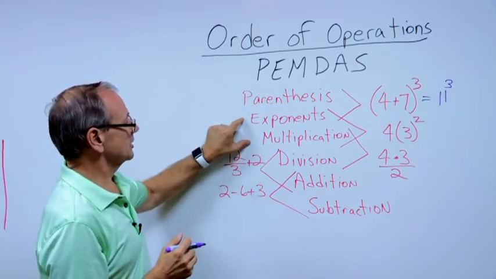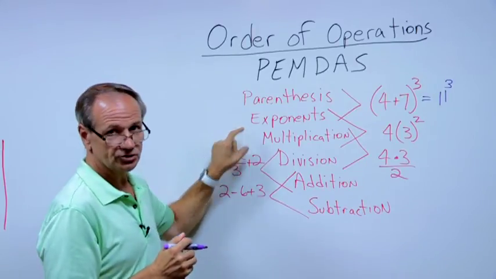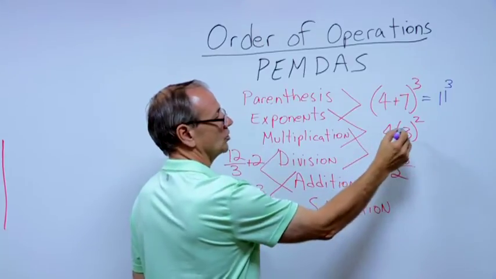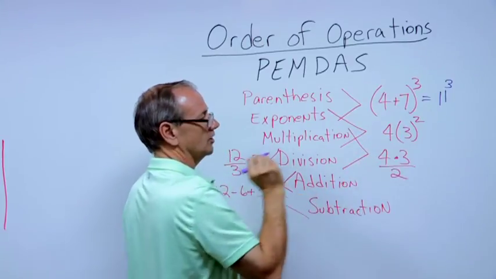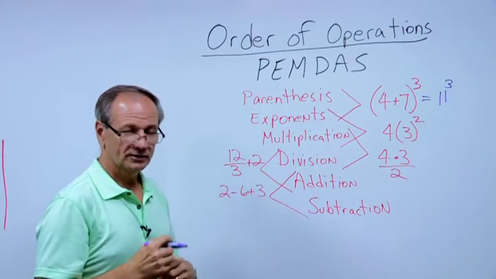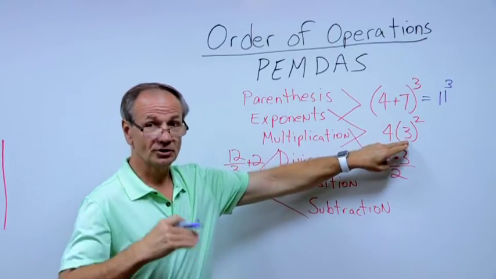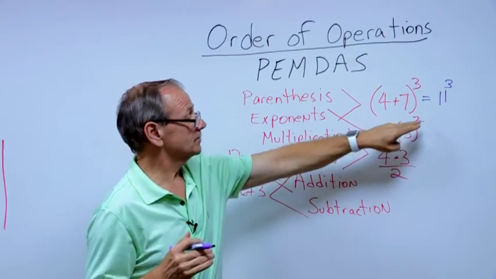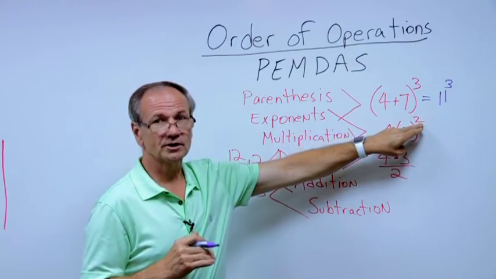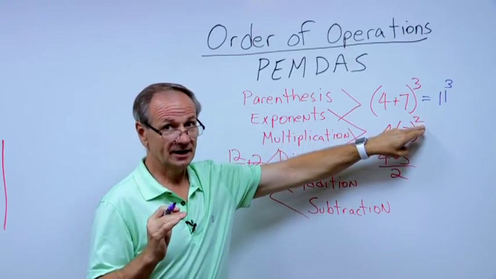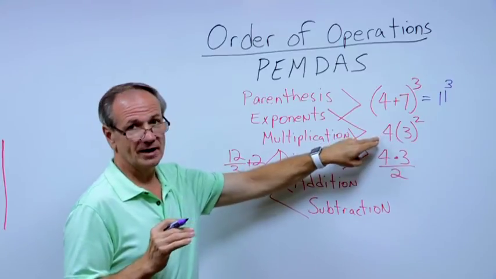Okay? If I'm looking at exponents versus multiplication, if I had 4 times 3 raised to the second power, what that tells us is there's nothing to really do in the parentheses, so the next thing is exponents. Square the 3 first and get 9, then multiply by the 4.